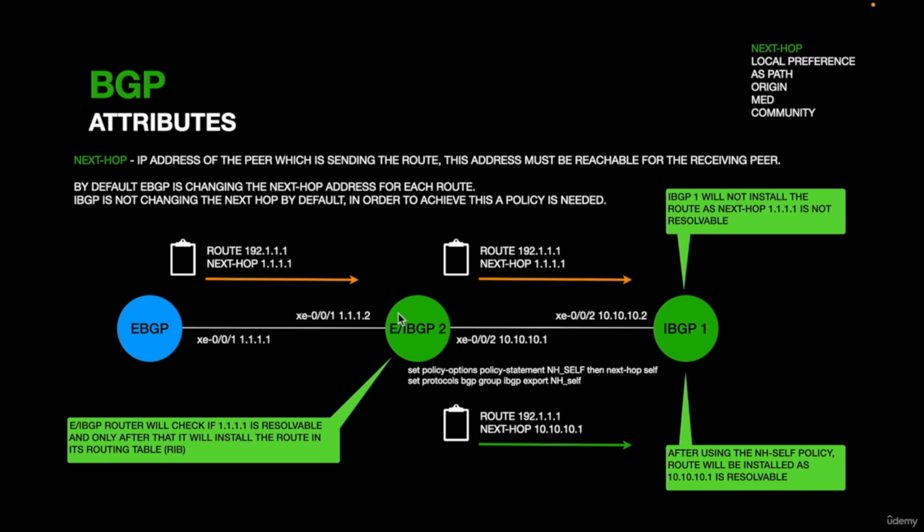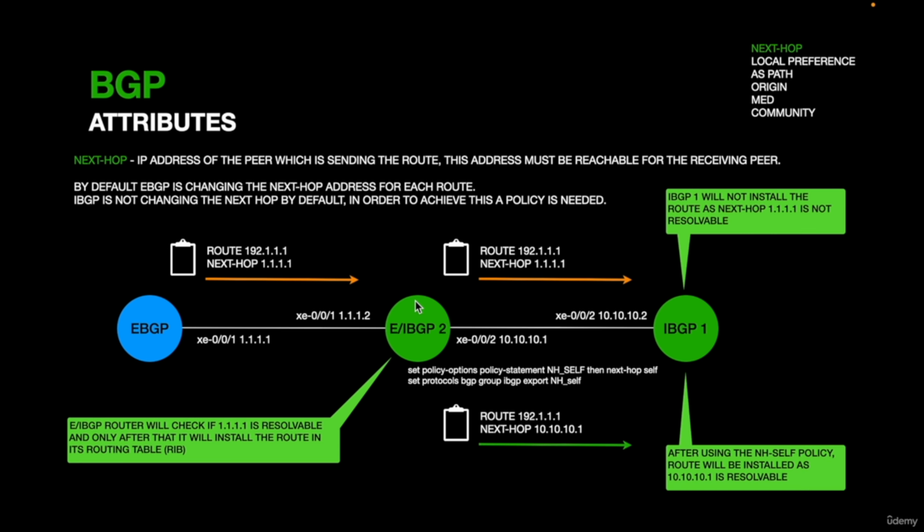This iBGP peer here will try to send the route to iBGP1. And as you can see, the route 192.1.1.1 will have the next hop of also 1.1.1.1. After the route is shared with iBGP1, it will try to resolve the next hop, and if the next hop is not resolvable, the route will not be installed in the routing table.